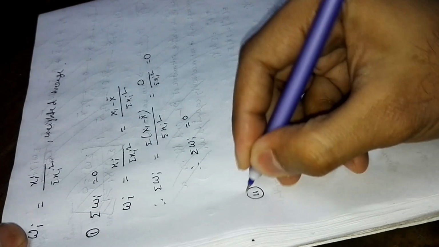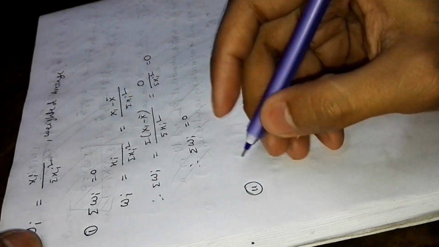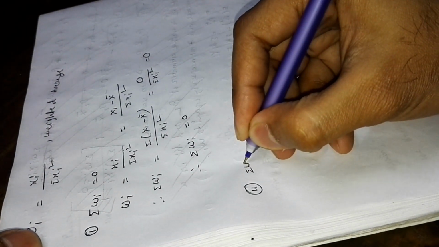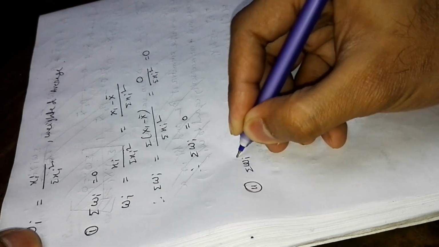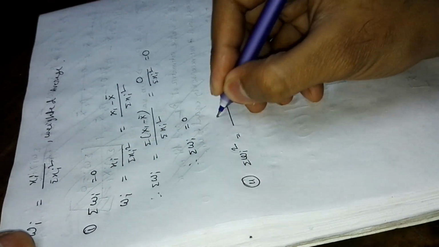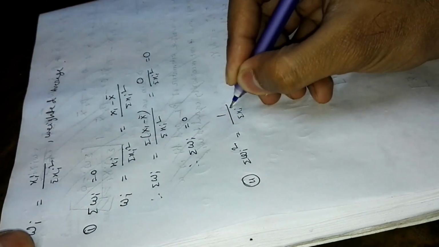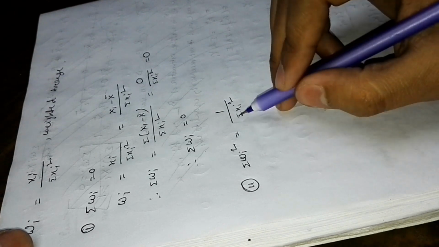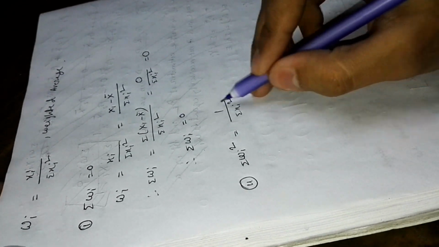Okay, the second property is that the summation of Wi square is equal to 1 divided by the summation of xi square. So we have to prove this.